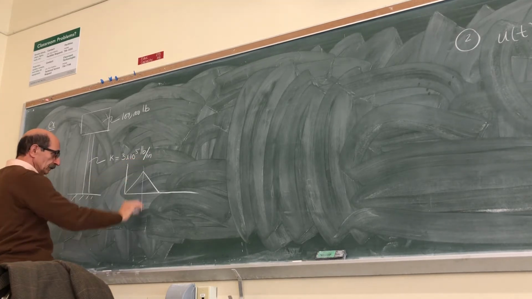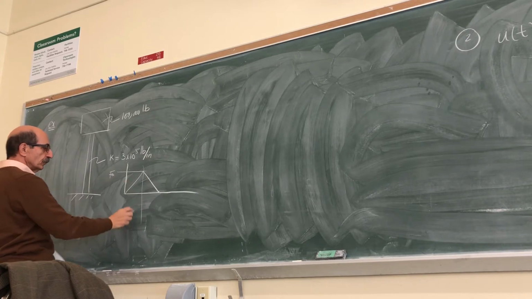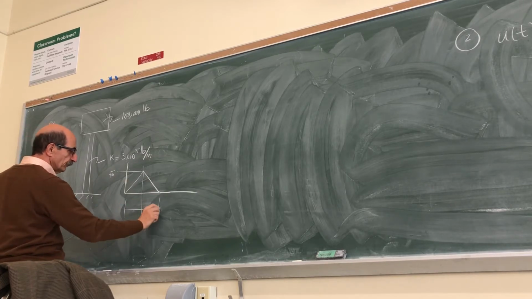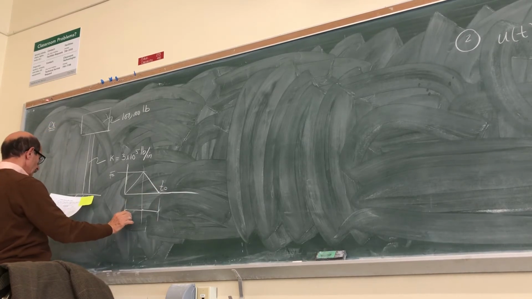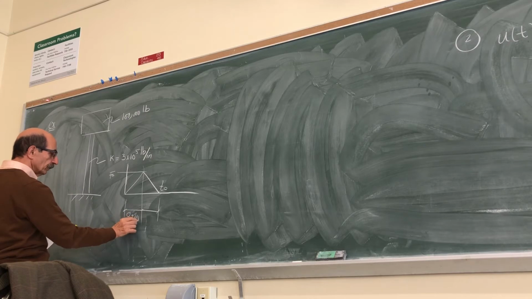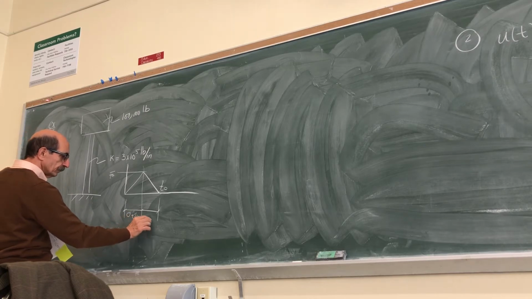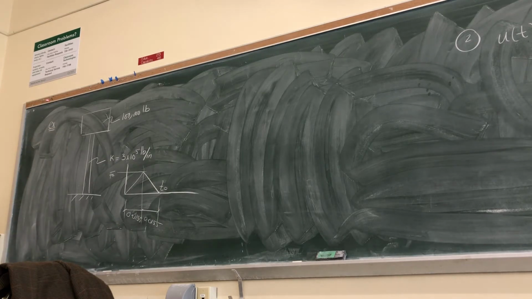Which we assume is even symmetric. So this is, let's call this T0, and this is a very short duration loading. That's why we call this a blast loading.